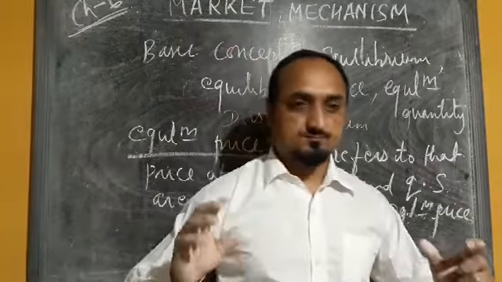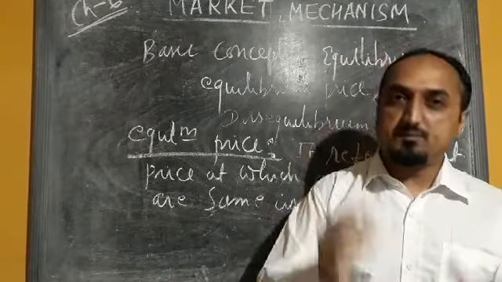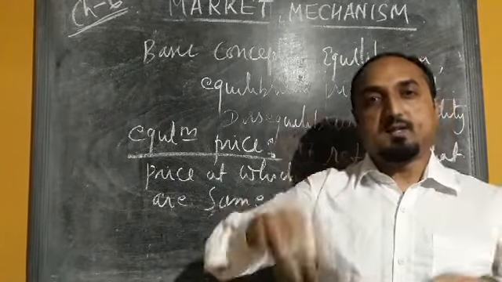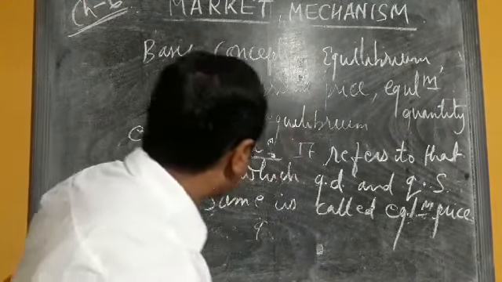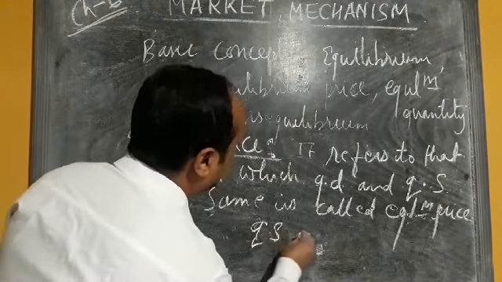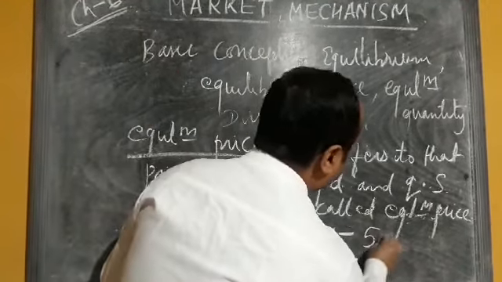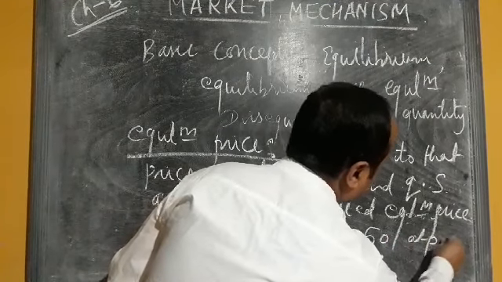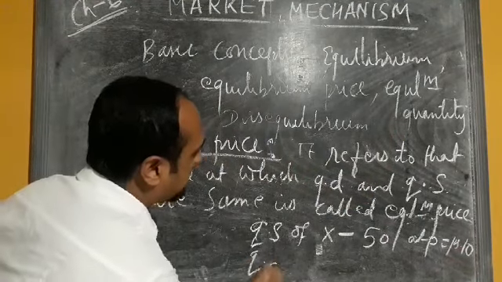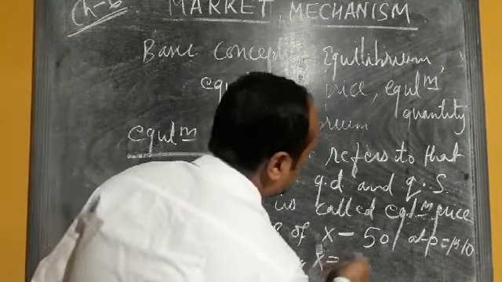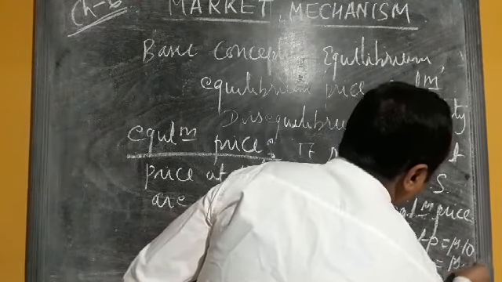Suppose in the market at different prices, different quantities of a commodity are demanded, and at the same time different quantities of the commodity are being supplied. So suppose say the quantity supply of commodity X is 50 units at price equal to rupees 10, and the quantity demand of commodity X is also 50 units at price rupees 10.